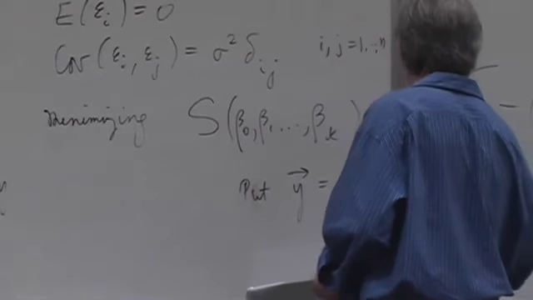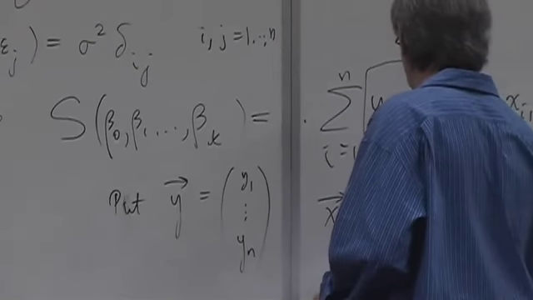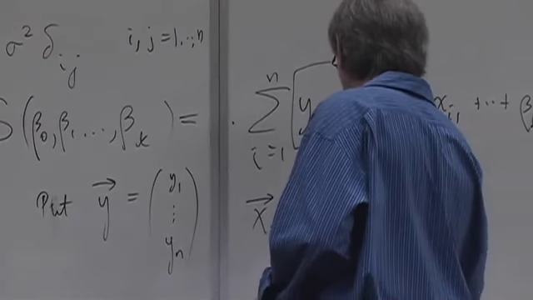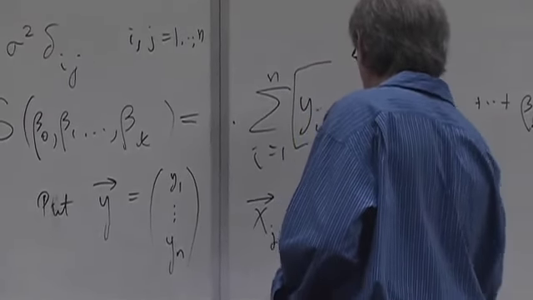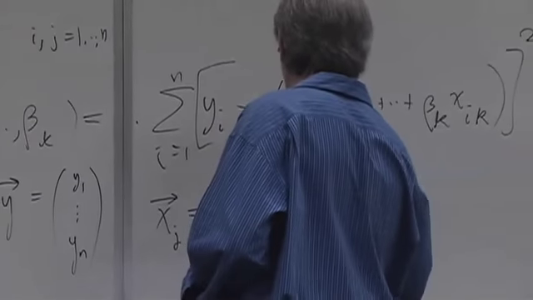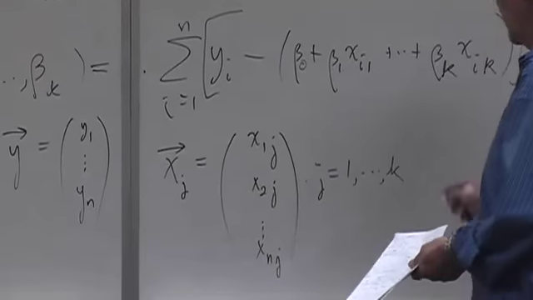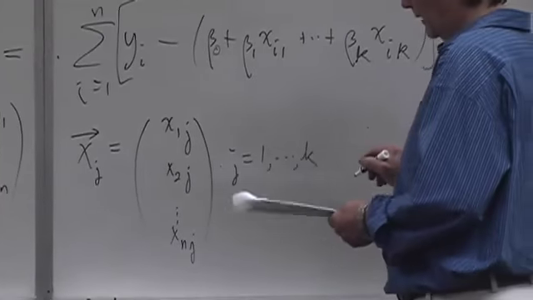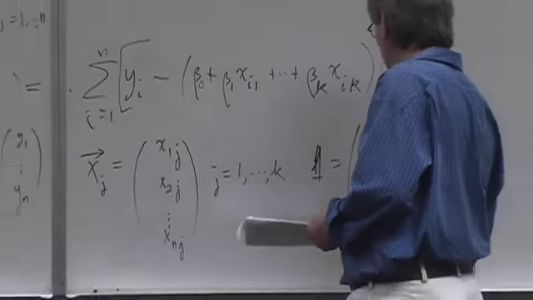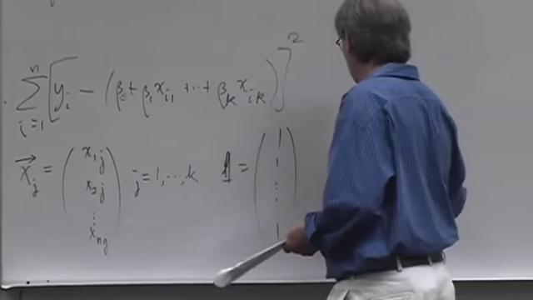I'm going to put xj equals x1j, x2j down to xnj. j goes from 1 up to k. The jth regressor, okay? And I'm going to have 1, as usual, to be the column of 1s. This is in R^n as well. All of these are in R^n.